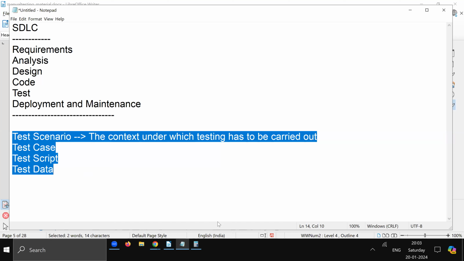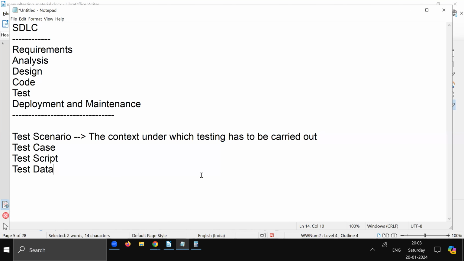So I will adjust my pace. I will go at a speed that is comfortable to you all, right? And don't have any second thought. This training will prove to be very, very useful to you. You are learning Java also, right? Parallelly. And therefore, your maturity level will only increase and your confidence levels will also increase.